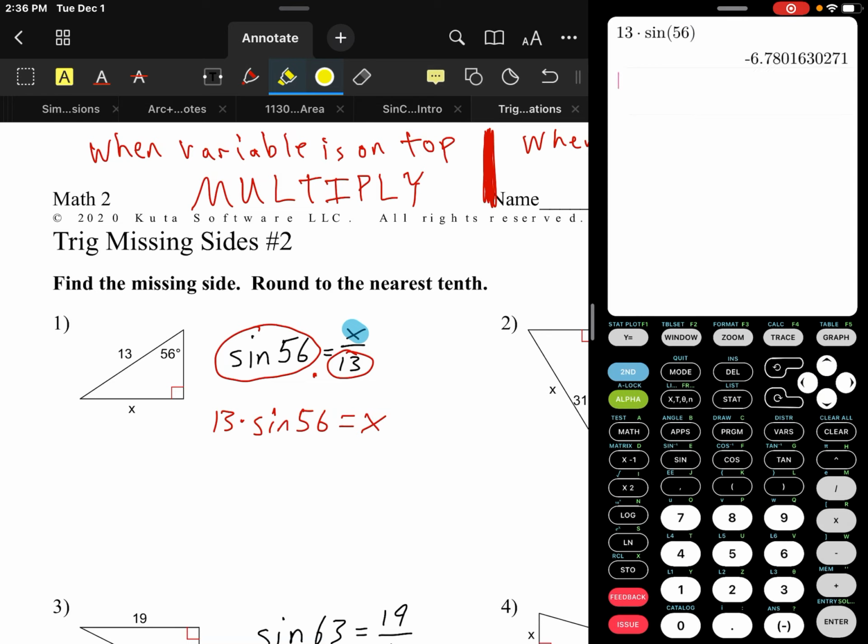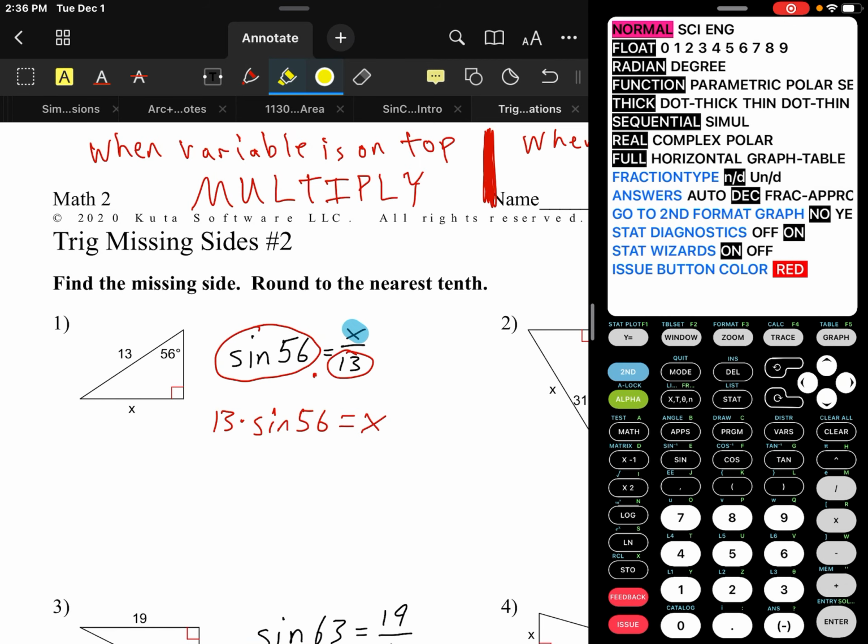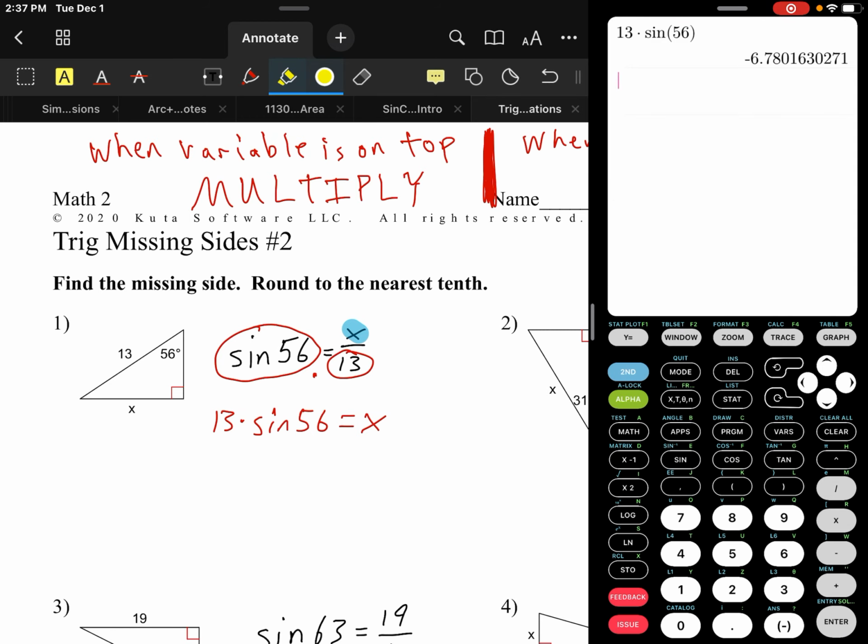You know what? I forgot to do the mode. Just like when we were doing the expressions, always check your mode. Make sure it is in degrees. Okay, you can see it was in radian before. So make sure you are in degrees. Arrow over, click that, because you're going to get a different answer here.